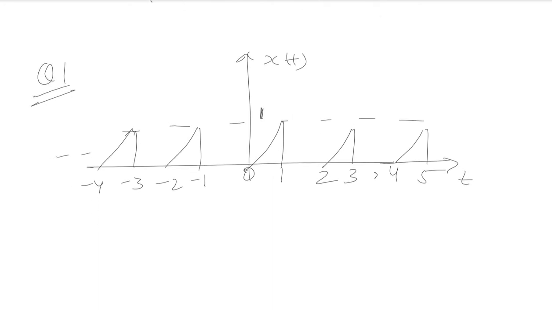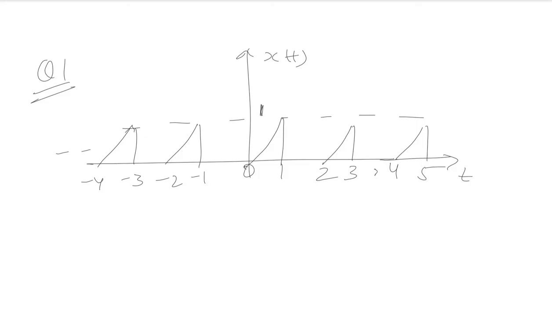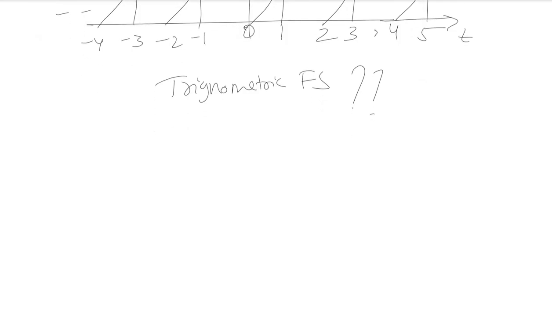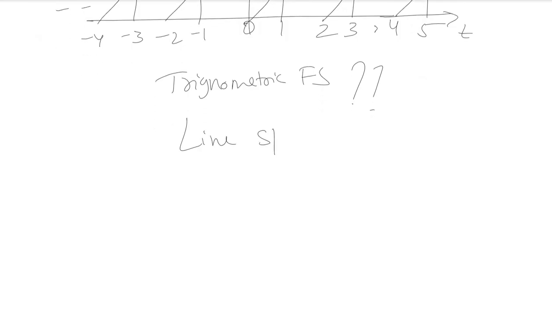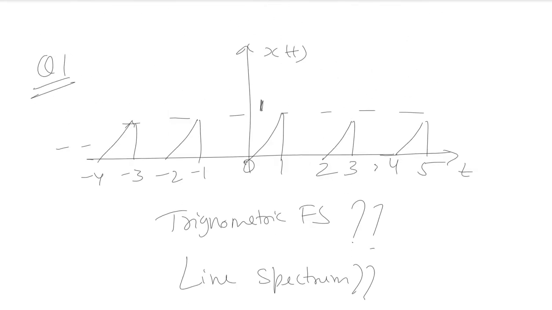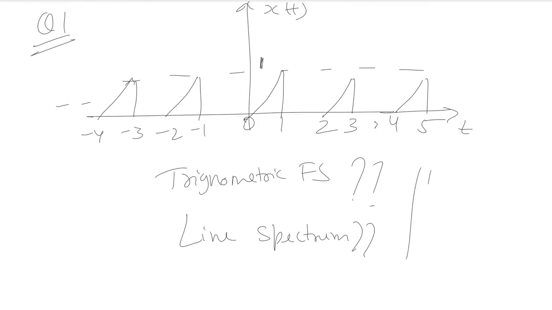And we need to find out the trigonometric Fourier series and the line spectrum. We need to find these two things for the given periodic signal x of t.